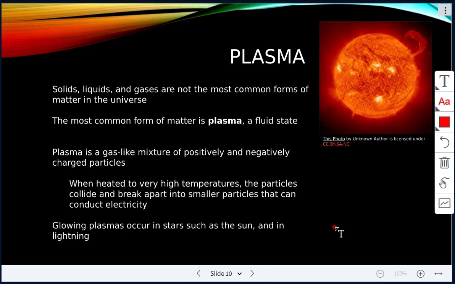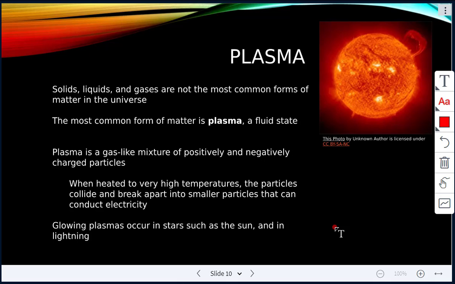And then plasma, we don't talk about plasma as much, but it is another form of matter in the universe. So solids, liquids, and gases, they're not the most common form of matter in the universe. The actual most common form of matter is plasma. It's a fluid state.